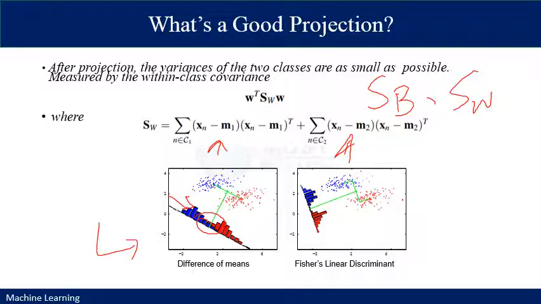The right plot, on the other hand, shows the corresponding projections based on the Fisher linear discriminant, showing a greatly improved class separation.